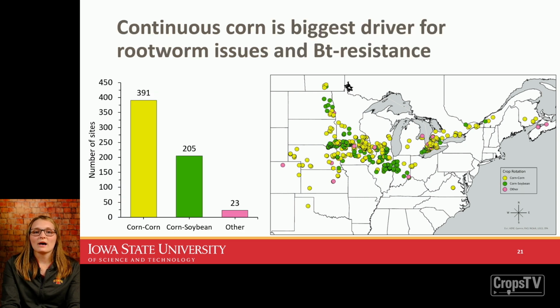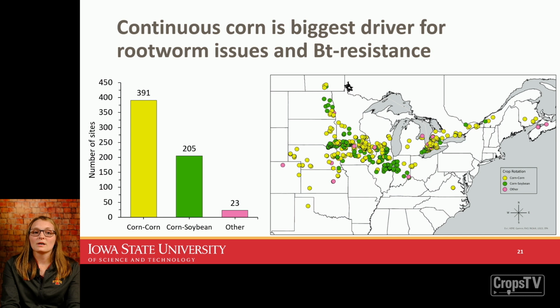Next, I wanted to look at the crop rotations that were used throughout the network, because continuous corn is the biggest driver for having rootworm issues in the field, but also for the development of Bt resistance. So most of the sites where corn rootworm was trapped this year were using a corn-on-corn rotation.